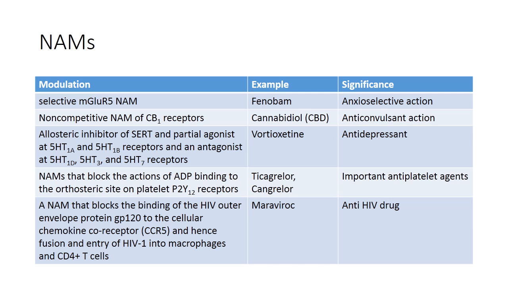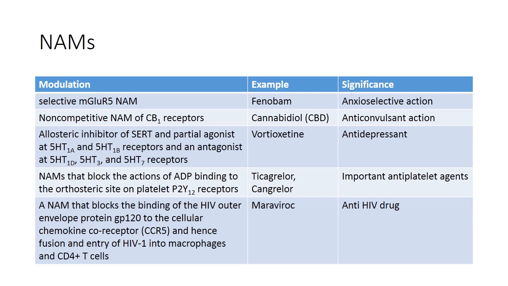Allosteric inhibition of the serotonin transporter and multiple effects as partial agonists or antagonists at various subtype serotonin receptors is shown by vortioxetine, a drug which has been developed for antidepressant activity with fewer adverse effects.